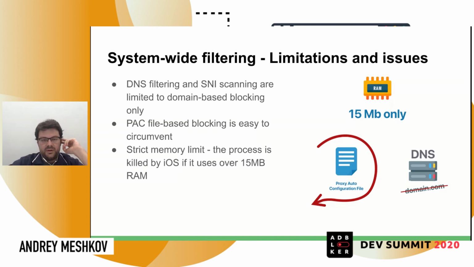Also, there are technical limitations. There is a strict memory limit that iOS imposes on VPN tunnel processes, and it will kill the process if it uses over 15 megabytes of RAM. And this makes implementing some complicated stuff like TLS interception quite complicated, much more than it is on Android, for instance.